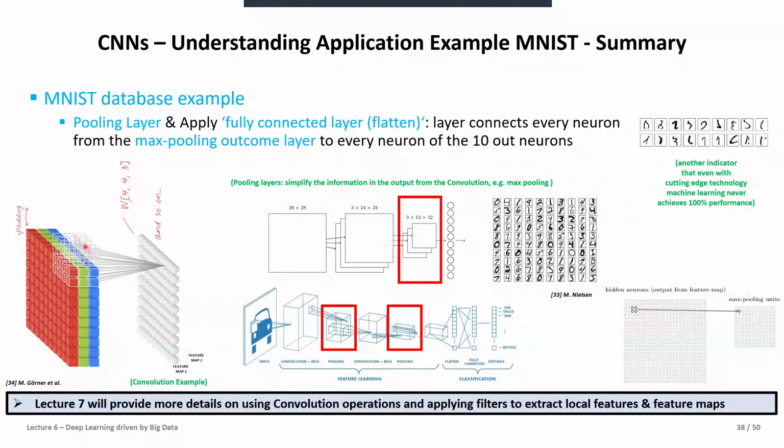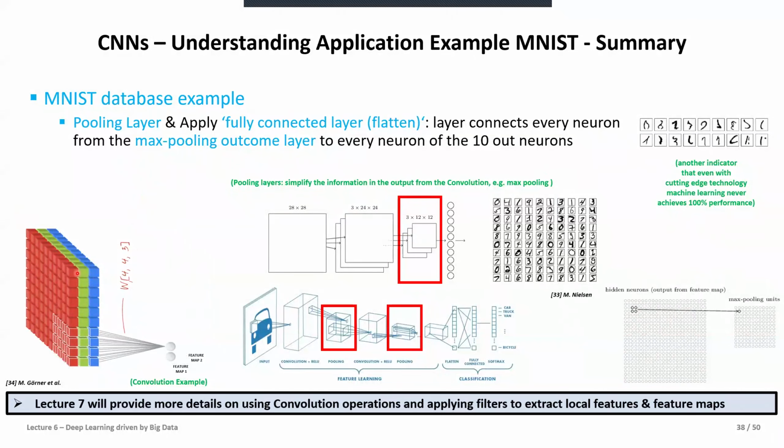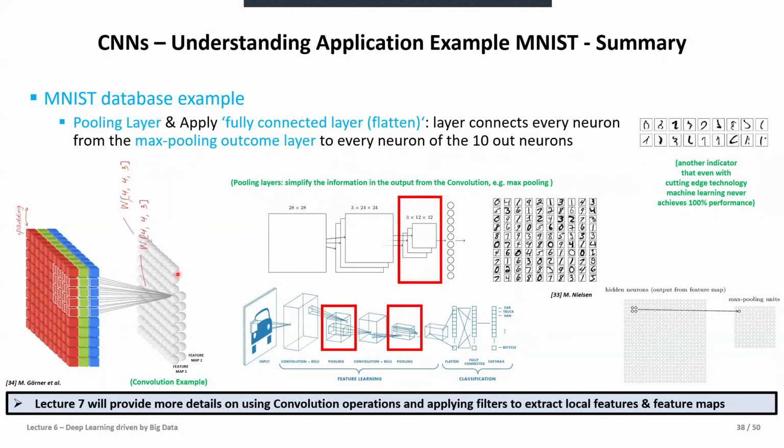These are now basically not 2D anymore. This is here even in 3D, suggesting that there's an RGB picture, for instance, right? Red, green, blue, the different channels that exist in an image. You put different weights to it to come to a filter, and then you have a feature map, which is the convolution.